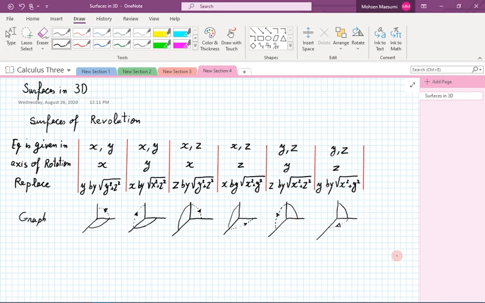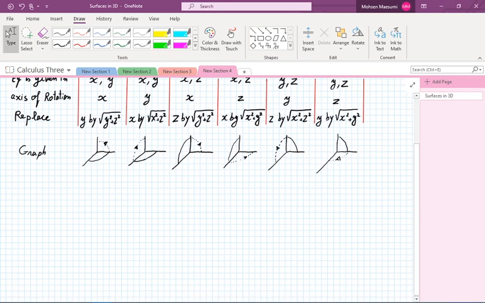One of the exercises here in the textbook says, consider the graph of z is equal to logarithm of y as a graph in the yz plane.